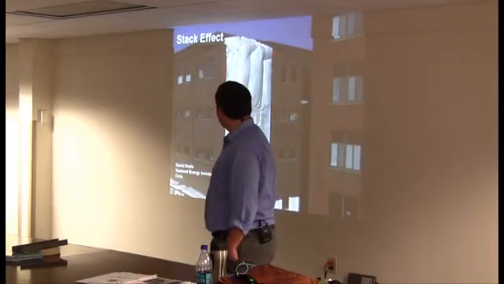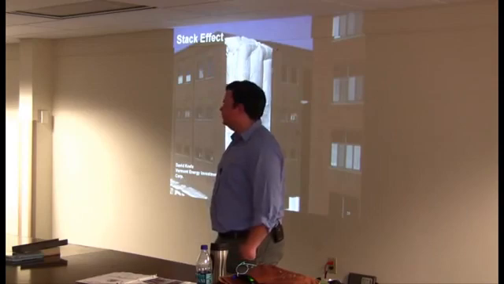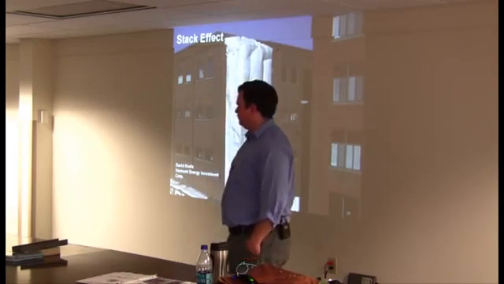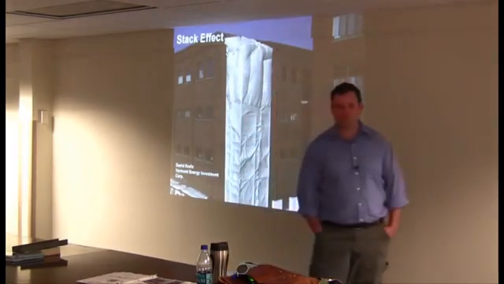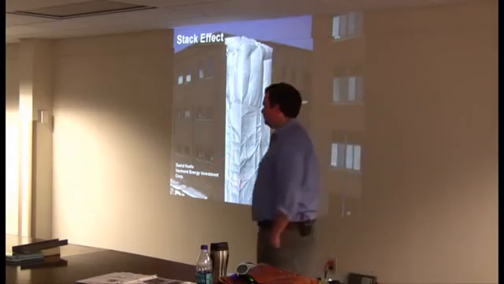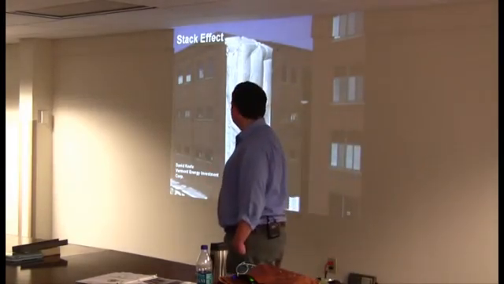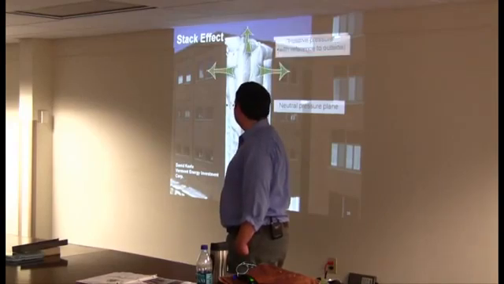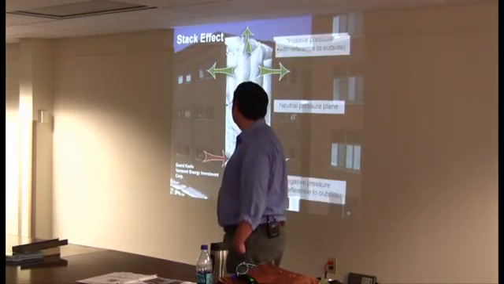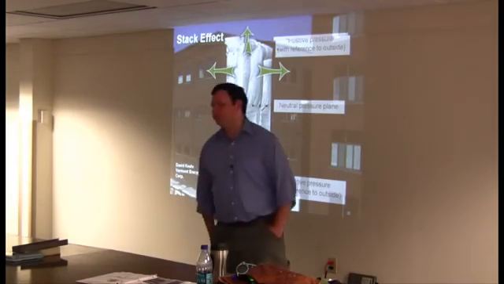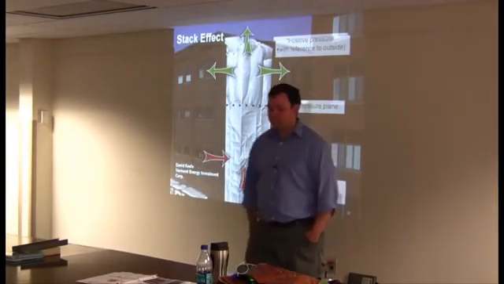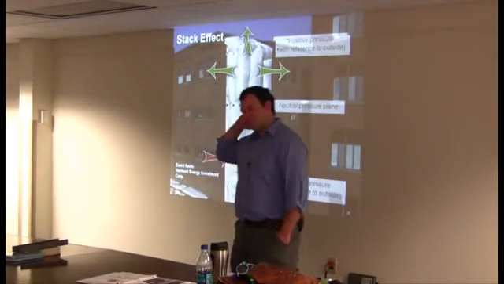And what is happening here at the top? What's the tarp doing? It's bulging out. The balloon is blowing out, and then what's happening down here at the bottom? Sucking in, and then in the middle, you've got the neutral pressure plane. So it's kind of cool. It's really a neat picture that shows what's happening in a real live building, and that's all due to the stack. That's not the wind, and it's not a fan. That's the stack effect.